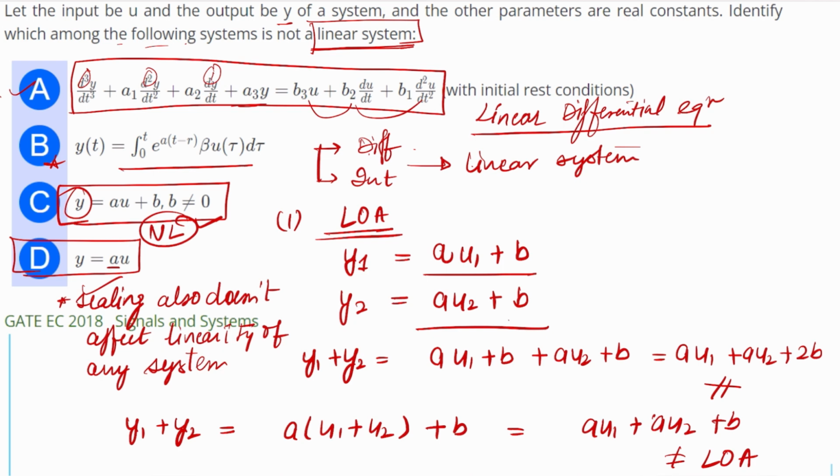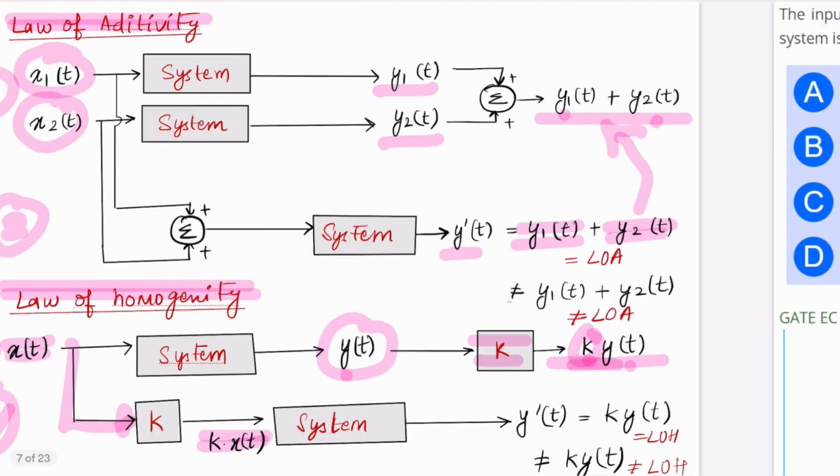So this is how we check for linearity of any system. We have to check for both the law of additivity and the law of homogeneity. If the law of additivity does not satisfy, there is no need to check for the law of homogeneity since that system will automatically be a non-linear system, right?